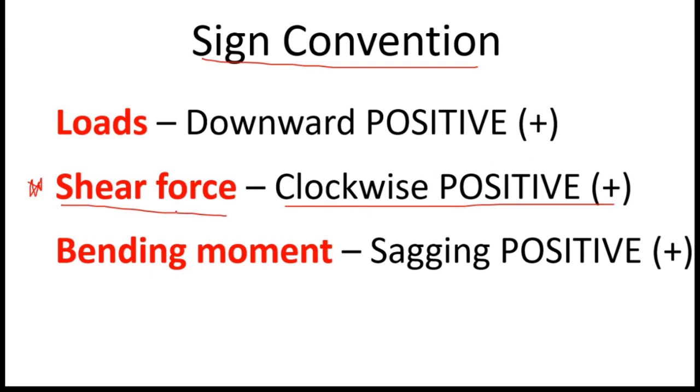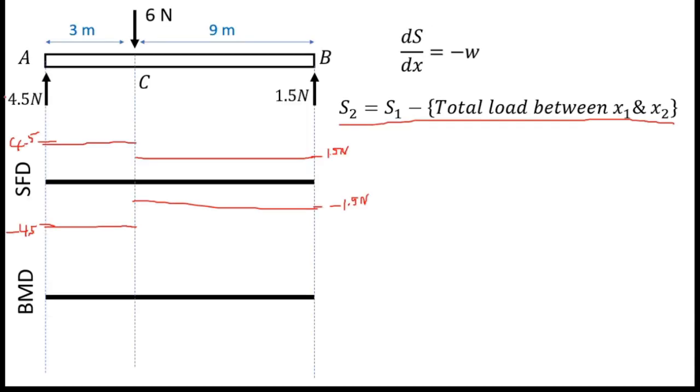If we take moment of this force about C or B, you can see moment due to this force is in this direction. That means it's clockwise. So according to our sign convention, clockwise positive. So this is clockwise, that means our value is plus value because clockwise positive. So I can eliminate this value.